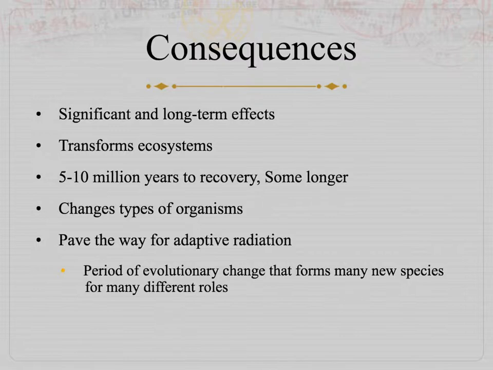What a mass extinction does, because it transforms the ecosystem, is it changes the types of organisms that are going to be successful in that new ecosystem, and it paves the way for adaptive radiation to happen. During those periods of evolutionary change, many new species will be formed that have many different roles.